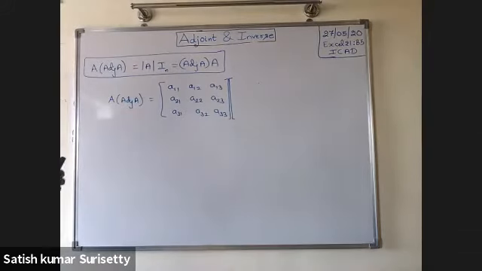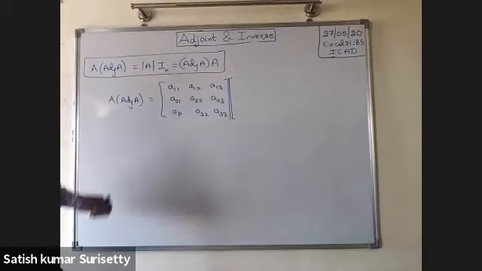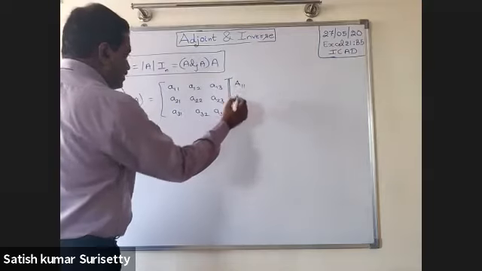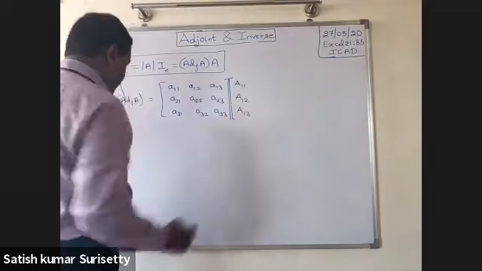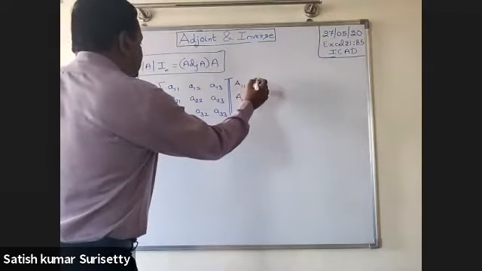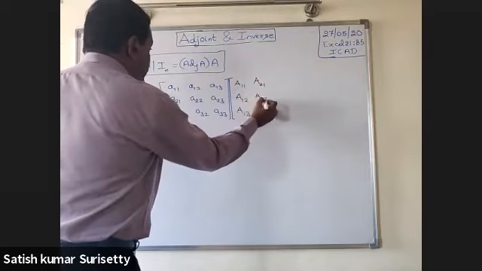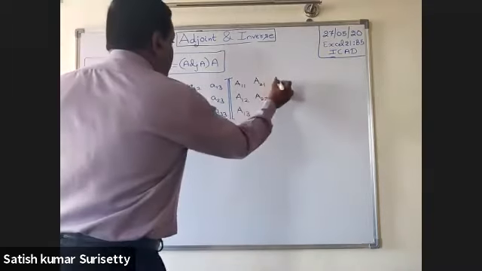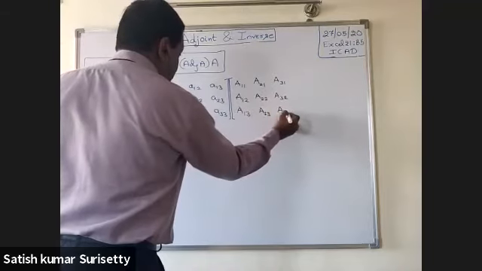Adjoint of A is what? Transpose of the cofactors matrix. A11, A12, A13, I am taking directly the transpose, A21, A22, A23 column-wise, A31, A32, A33.